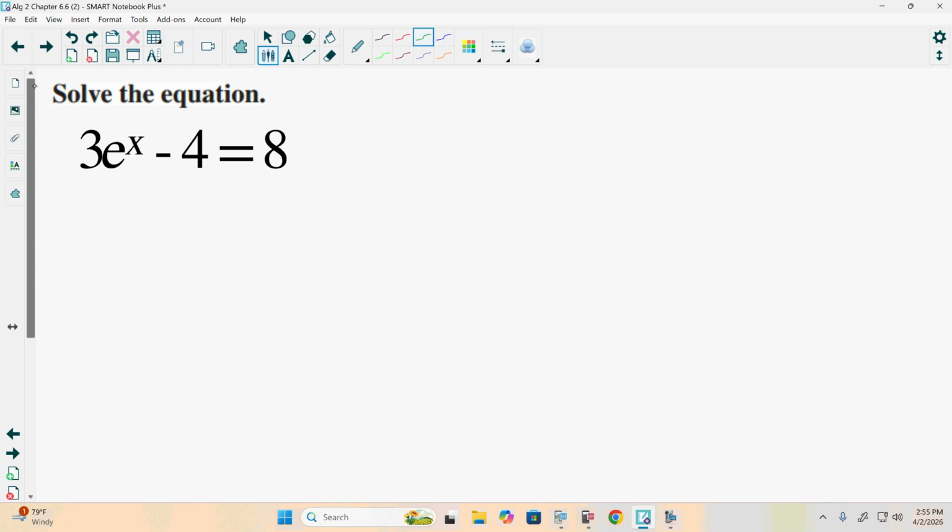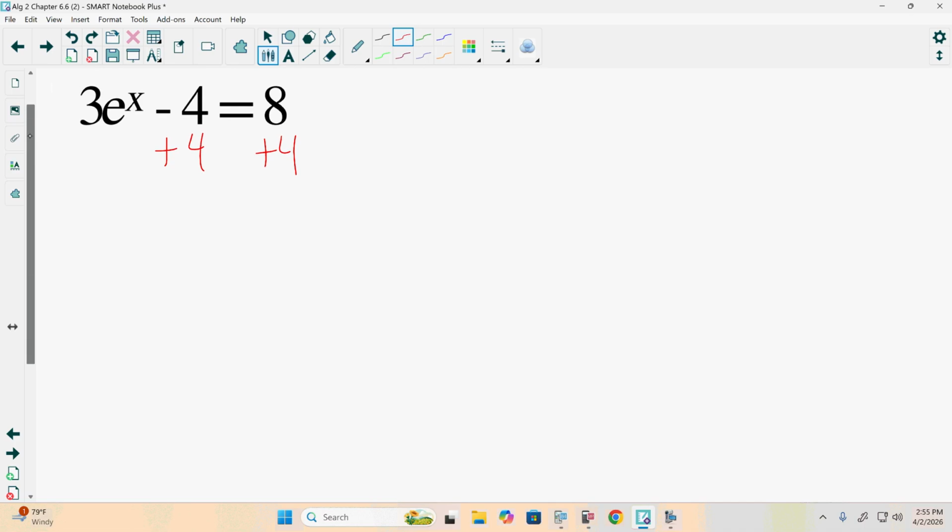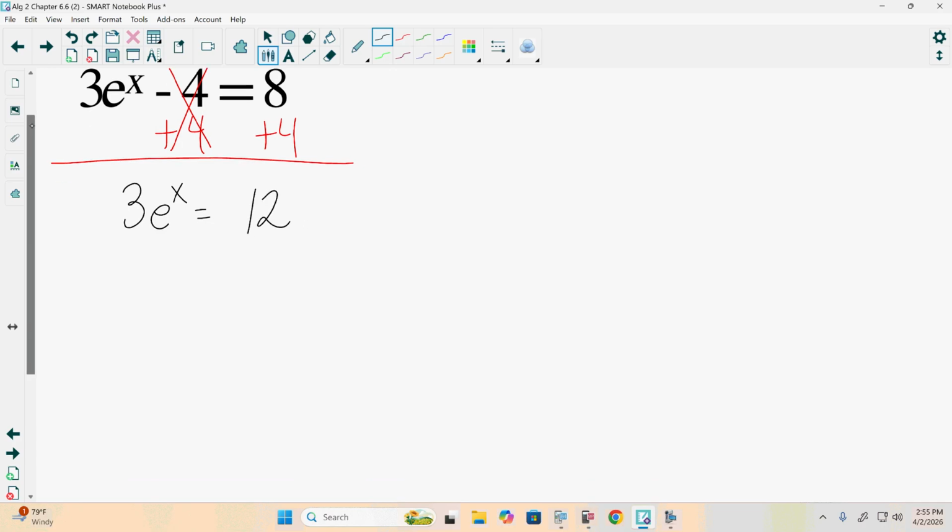We're ready for the next one. What do we do first? Plus 4. And that'll tell me 3 e to the x is equal to 12. Telling me e to the x is equal to 4.